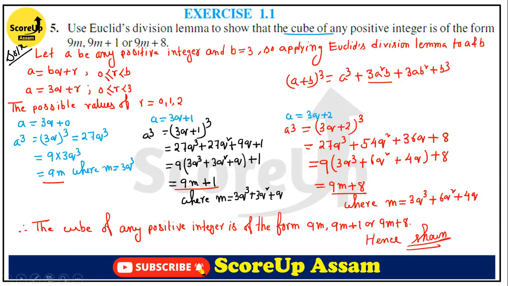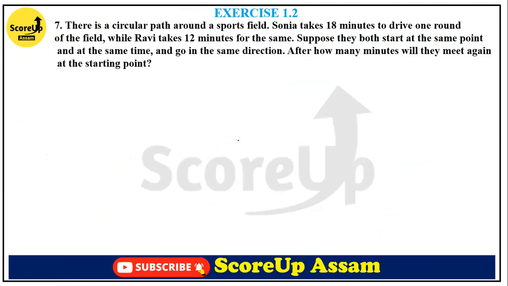Okay, so I have explained why I have taken the value of b equal to 3. Now I shall explain, see, what if we take the value of b more than 3? There will be more remainders. Suppose if we take the value of b as 9, so the possible values would come like this, just for rough. a is equal to, instead of 3, if we consider the value of b as 9, so it will be 9q plus, suppose 2, if r is 2.